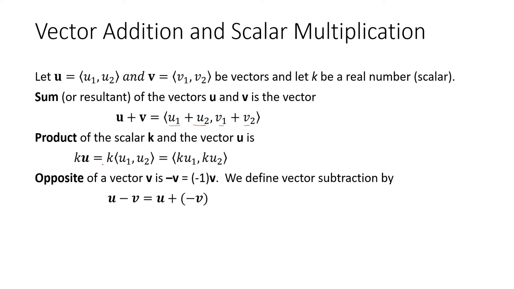The product, k times v, we just distribute. It's k times each component. And the opposite of a vector v is negative v, or negative 1 times v. So vector subtraction, u minus v, we write it as u plus negative v. So again, some other simple definitions.